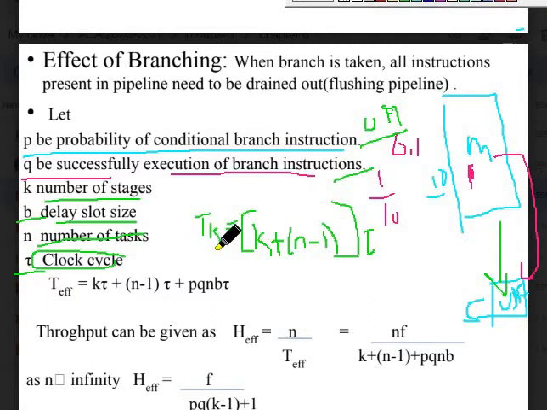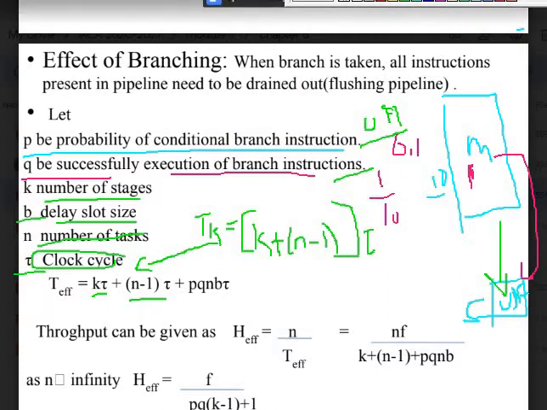This was the formula. Expanding this, k into tau is the first term, and n minus 1 into tau is the second term. This is how I got this equation; please refer to the earlier videos.